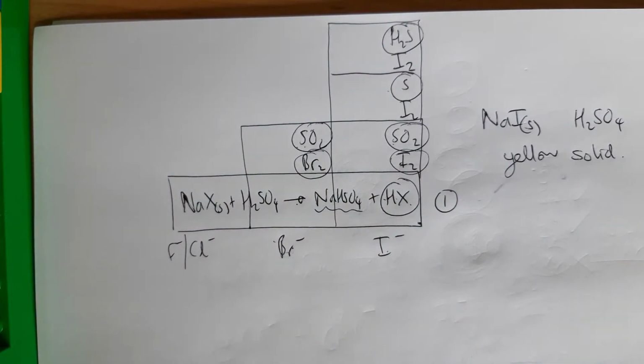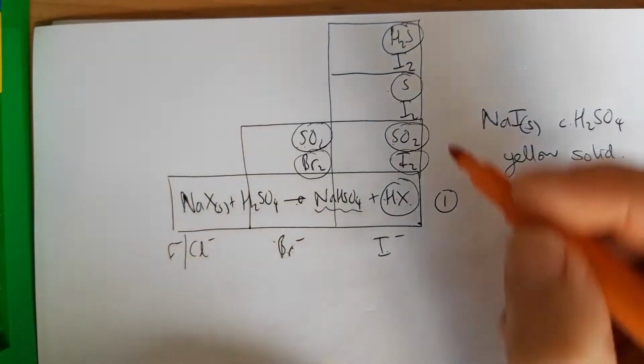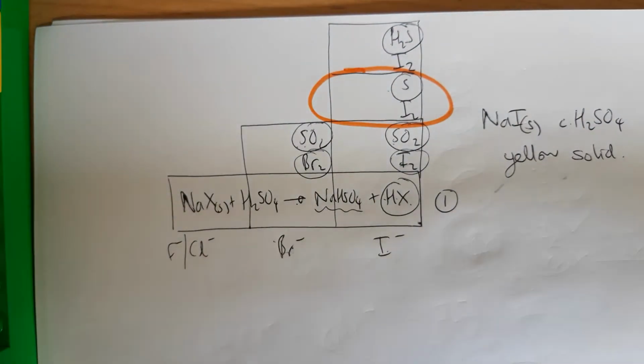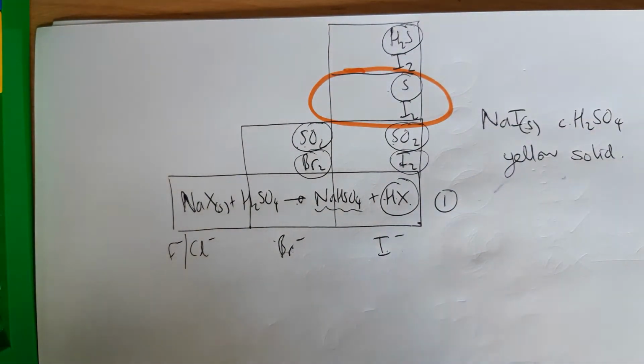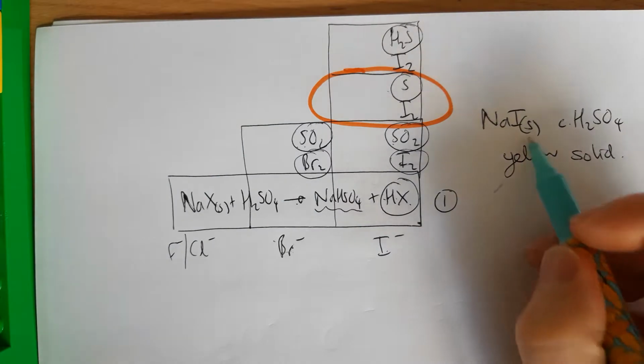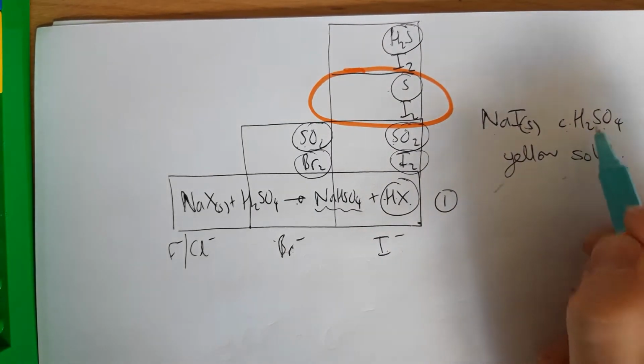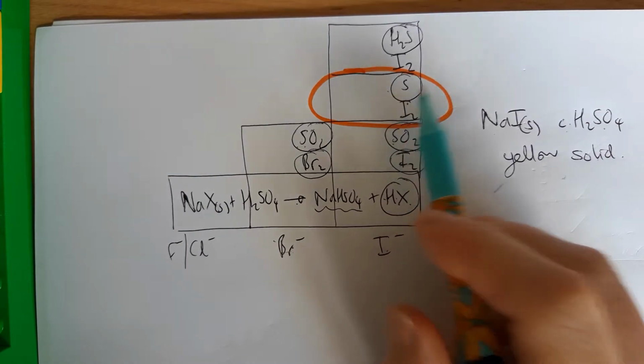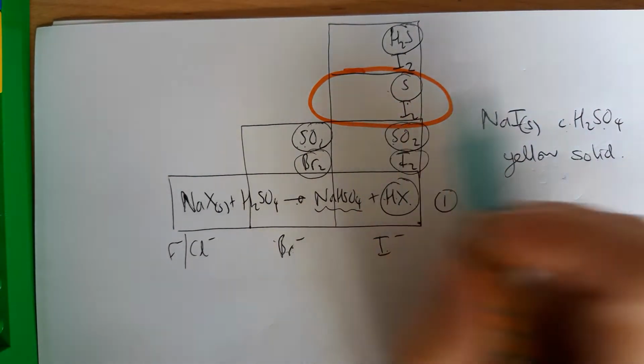So you've just got to go, all right, where's the yellow solid on this diagram? And you go, they must be asking me about this box. Did you follow that? So the clues in the question were solid sodium iodide and conc H2SO4. Then they say yellow solid. So that is the box they are talking about. So what they want is an equation for this box.